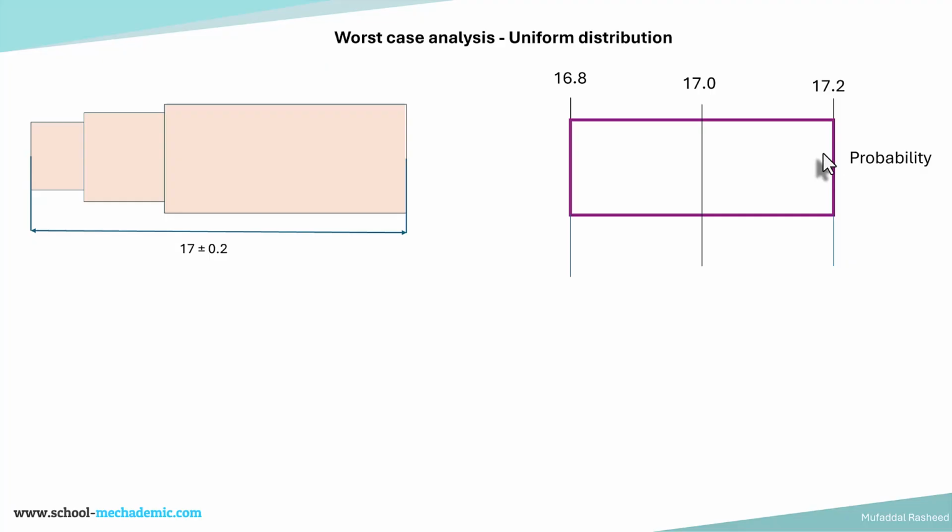So basically we are saying that the probability that the manufacturer will manufacture this part at 17.2 is the same as if it is manufactured at 17, the nominal, and the same as if it's manufactured at 16.8. This is called the uniform probability distribution, in which the probability of manufacture at extremes is the same as at nominal or at the mean. This is the underlying assumption in worst case analysis.